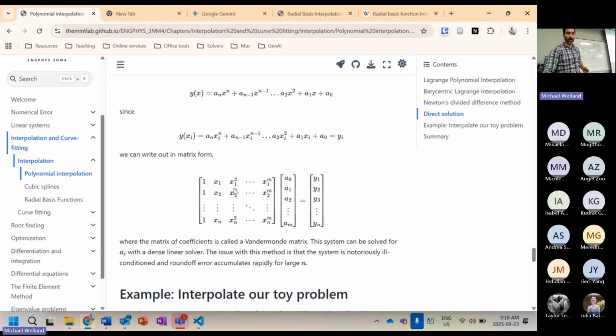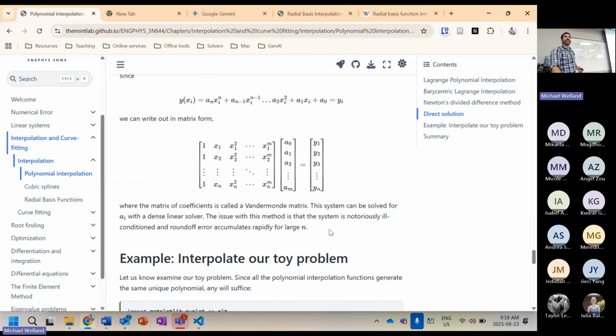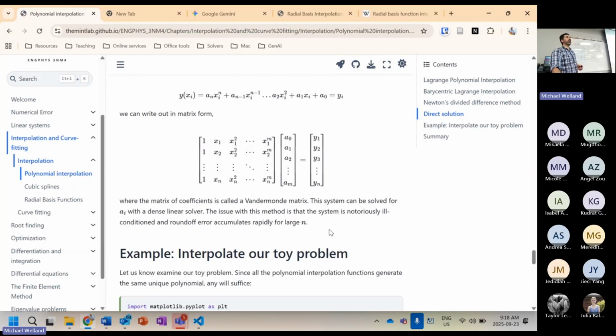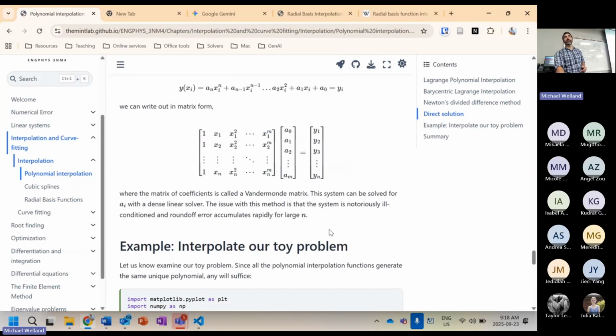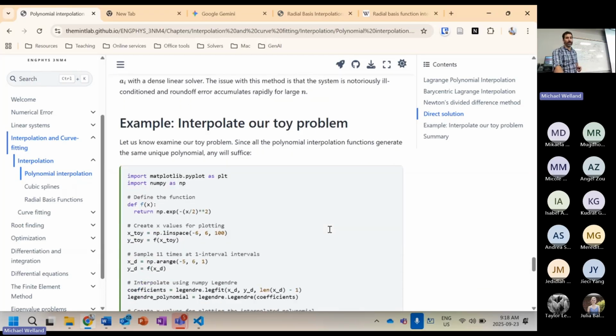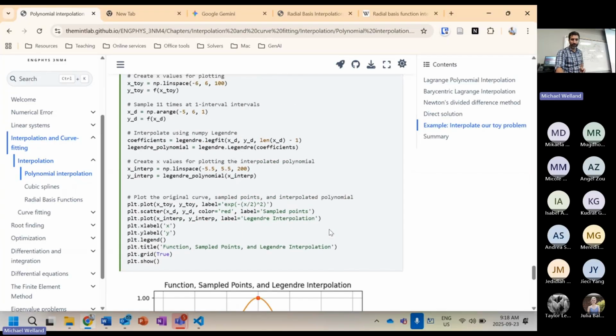There's no symbolism here. It's called the Vandermonde matrix. And you solve for this vector as a linear solve. This system is notoriously ill-conditioned. Very, very, very bad. So you want the dense linear solvers to throw at it. So this is our example, and it's almost time to go.